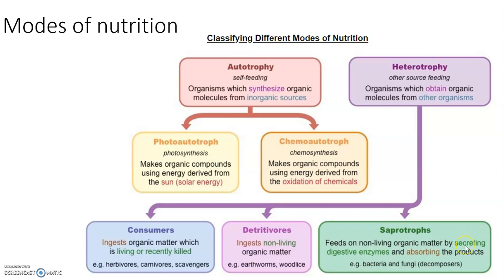So secreting means that they don't really have a mouth. They secrete the enzymes into the surroundings, and then they are able to absorb the products of that digestion into their cells. So examples of these would be earthworms and woodlice, ants, different things, and over here we find bacteria and fungi as being the saprotrophs.